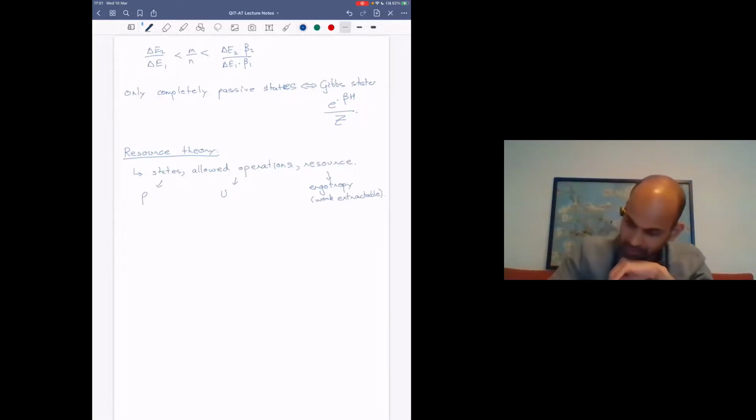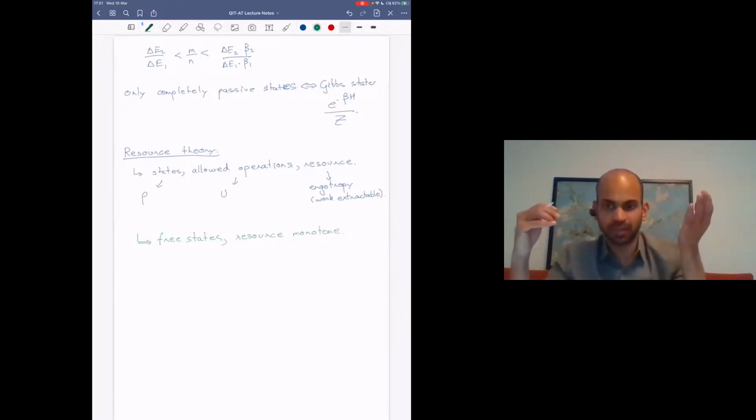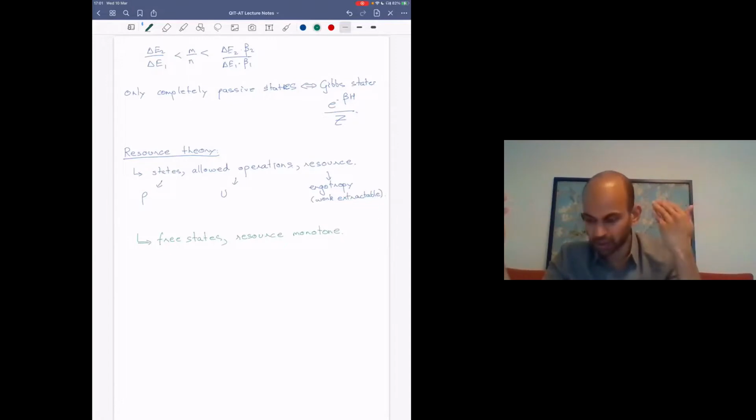The result of a resource theory is that you get the set of free states, and sometimes you get a resource monotone. Effectively, the ingredients of a resource theory are the set of states and allowed operations.